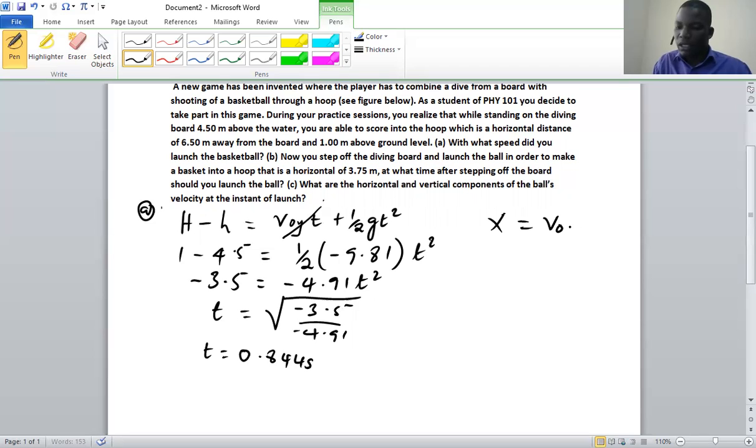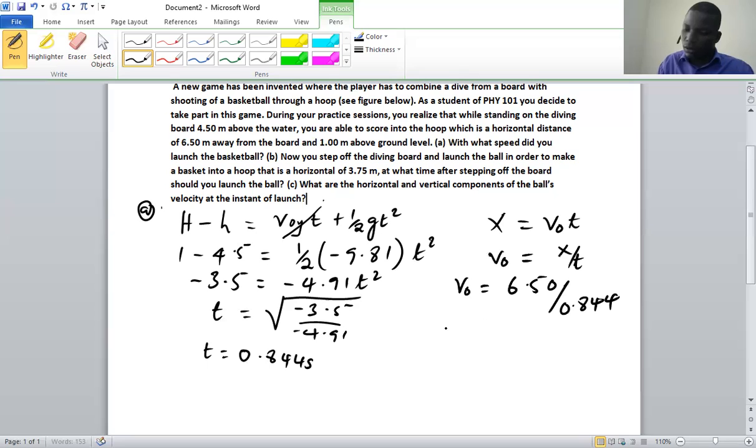initial speed times time. This is the equation. And then we can make v naught the subject of the formula. So we have v naught equal to the range, which is 6.5 meters, divided by the time, 0.844 seconds.